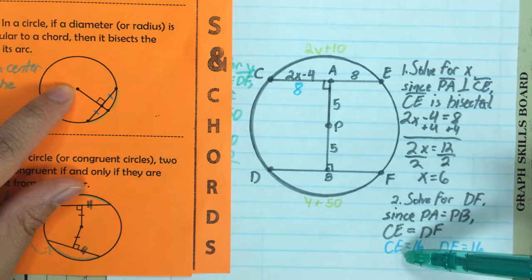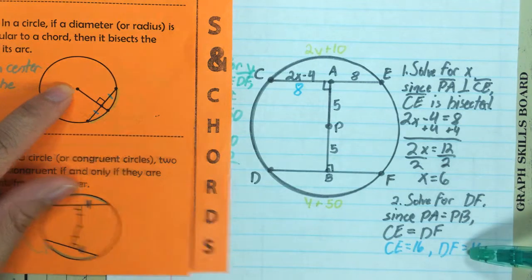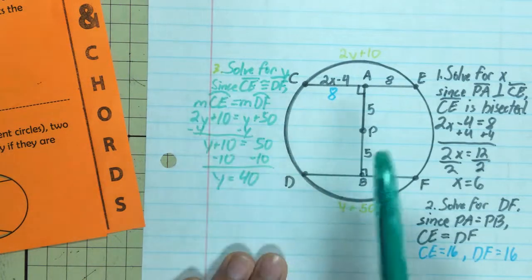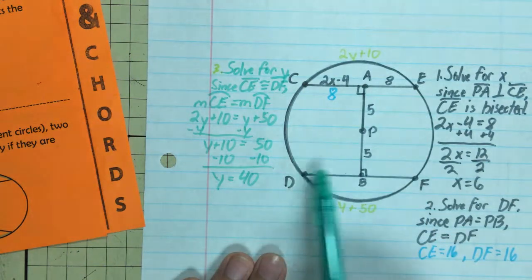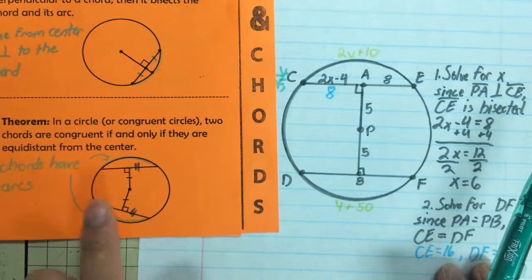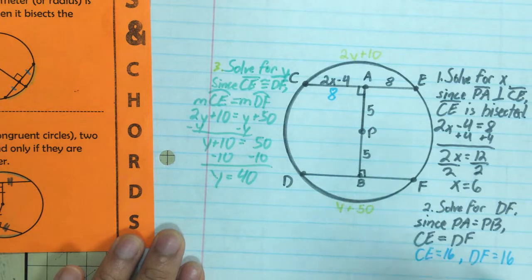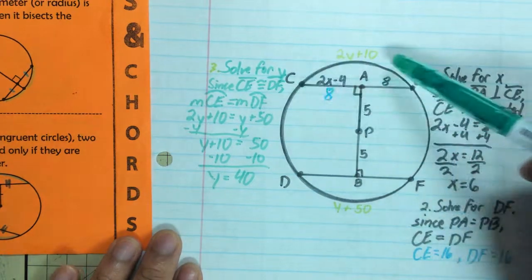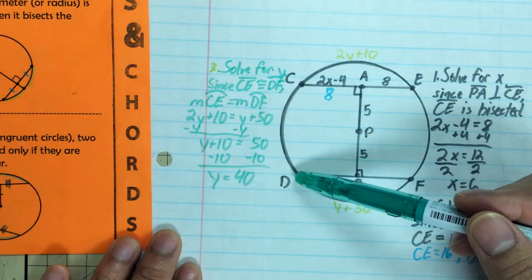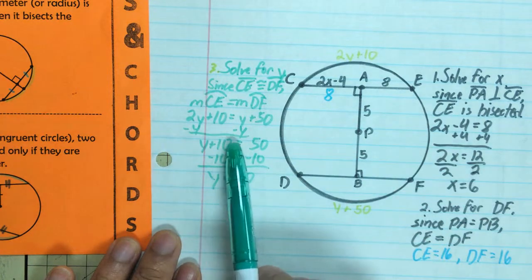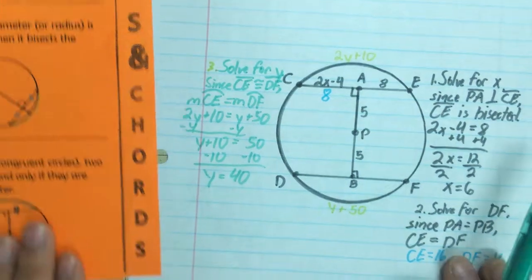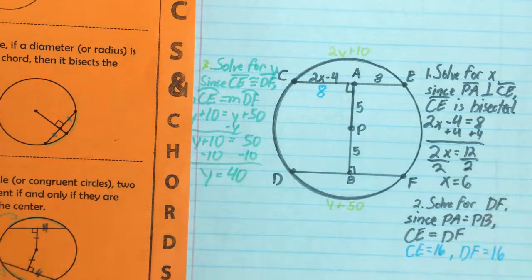So if CE is 16, that means DF is 16. And lastly, because this chord and this chord are congruent, that's what we have over here. This CE and DF are congruent, that means arc CE is congruent to arc DF, which lets us set up our equation right here. So there you have arcs and chords.